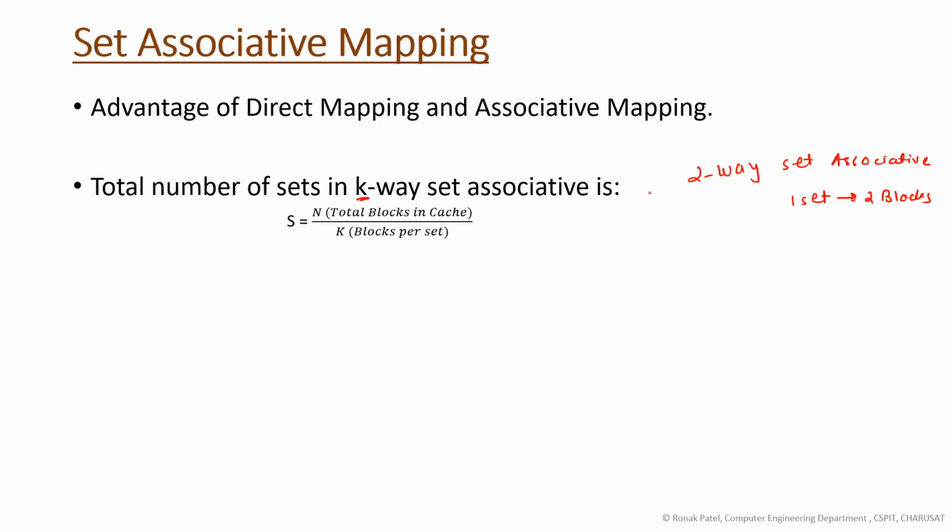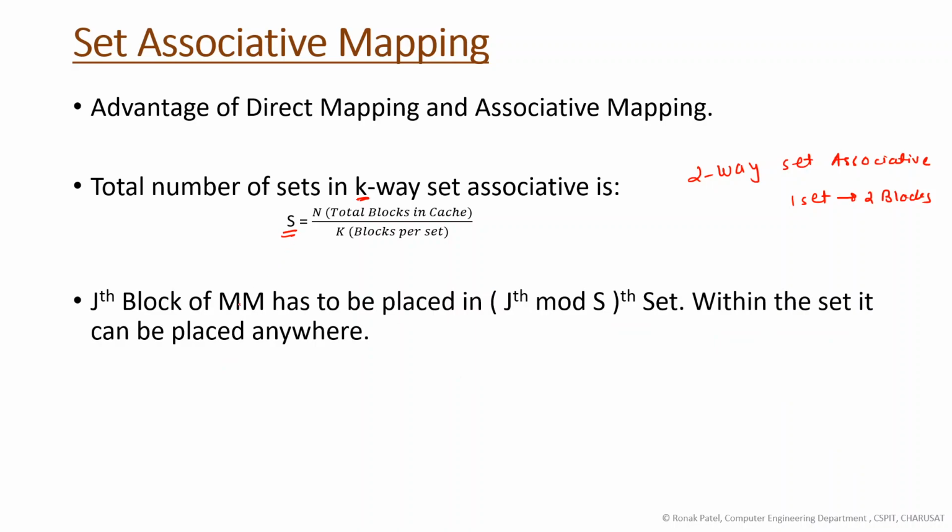So first I need to find out how many sets will be there in your cache memory. It is easy: capital N is the total number of blocks in cache, and K is the number of blocks per set, so you will get how many sets will be in your cache.